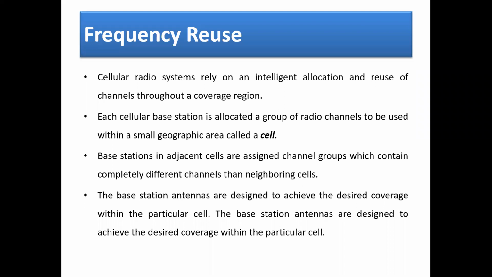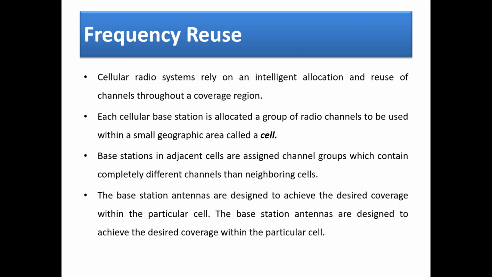Now, cellular radio systems rely on an intelligent allocation and reuse of channels throughout the coverage region. Each base station is allocated a group of radio channels to be used within the small geographic area called what? Called cell. Now, again, base stations in adjacent cells, for example, cell A and B, as I have told you before.